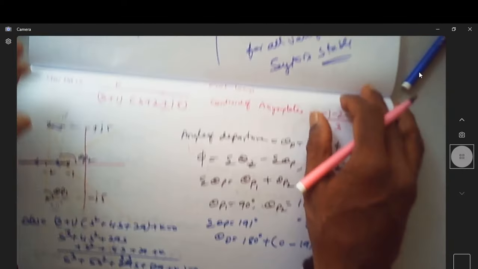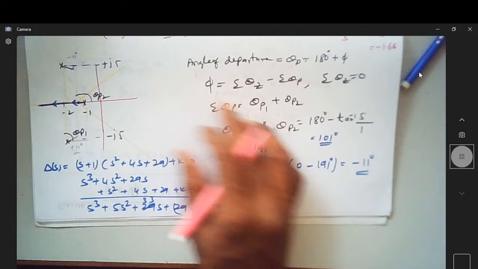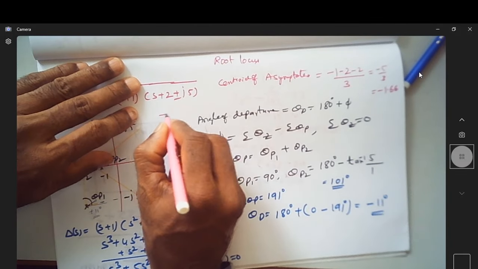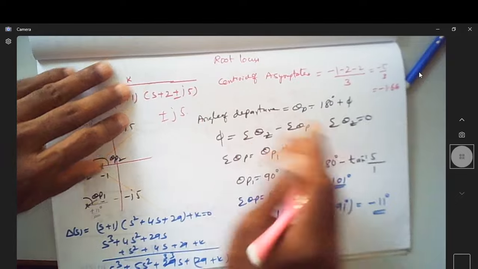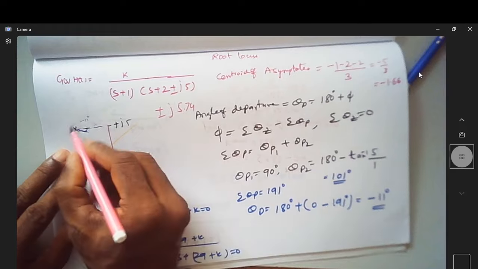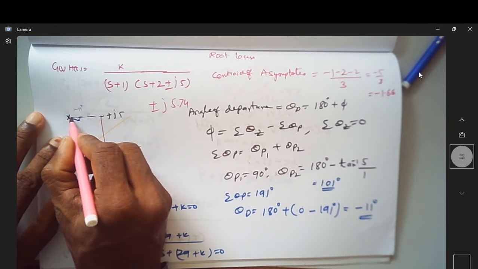So coming back to this, the point of intersection is plus or minus j 5.74.